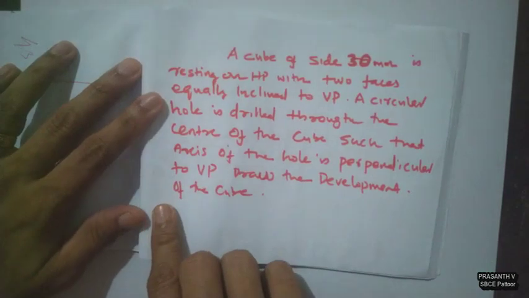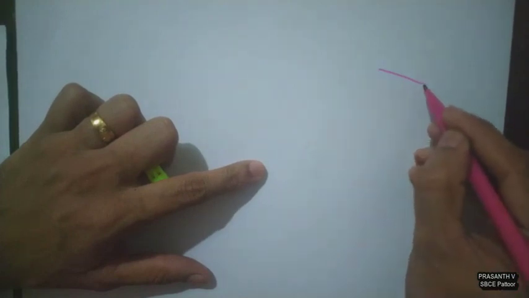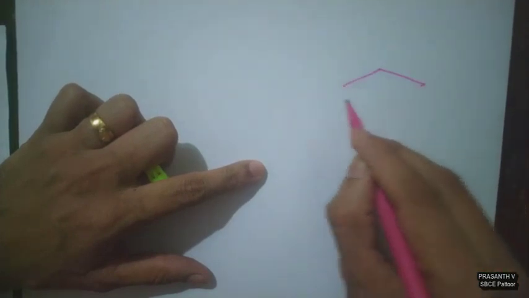In this question, a cube is resting on HP with its face equally inclined to VP. So somewhat like this.